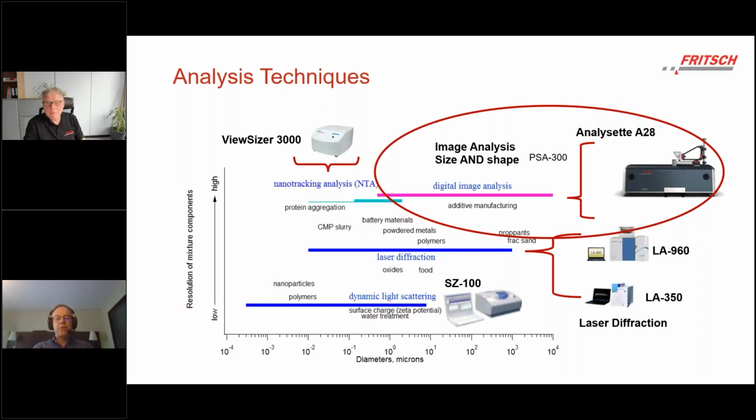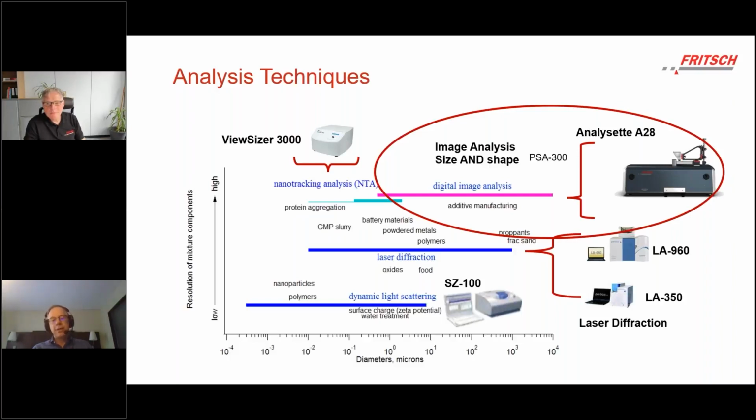And in the upper right corner, you're going to find digital image analysis. And that appears in, say, things like additive manufacturing, powdered metals, and so on. It's going to be a size range of a few microns up to millimeters. It is also going to give you particle shape, which is something you won't find with many of the other techniques listed here.